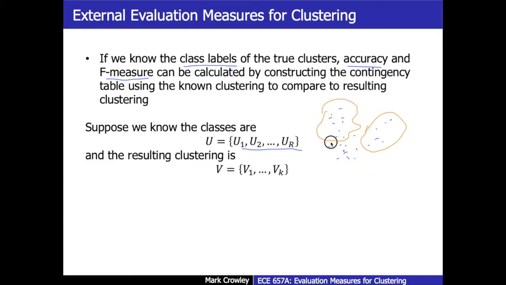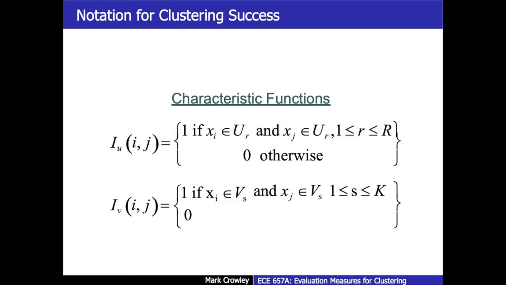Let's say that these classes, these areas determine which one's correct. And we assign each one, I guess we better just use our notation that we have here. We have correct classes for the points to belong to.